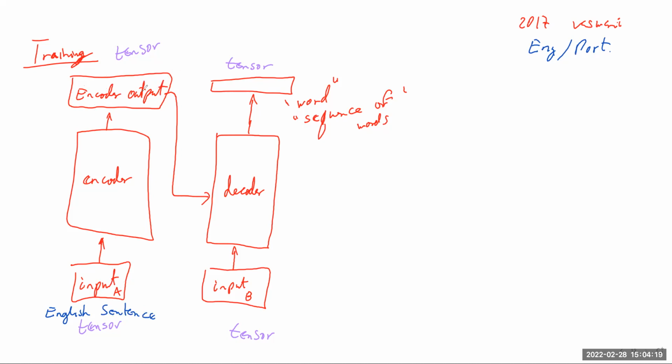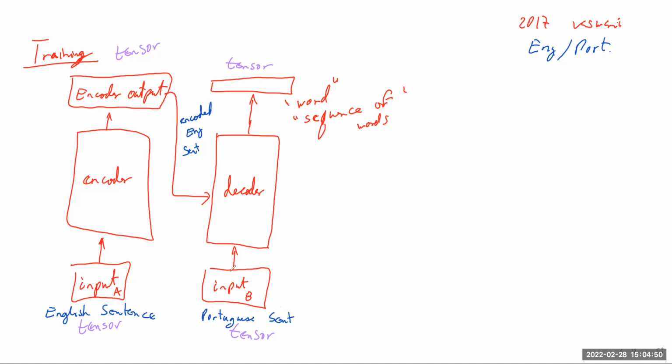And then that encoding, which is sometimes called the context, becomes an input to the decoder over here. So this is the encoded English sentence. Then over here, on the decoder side, the input is going to be the Portuguese sentence.